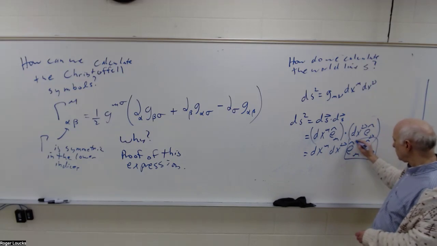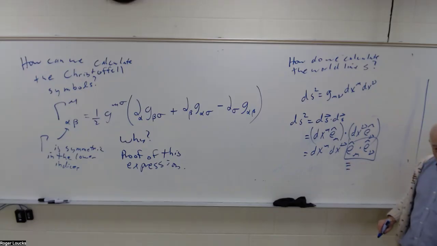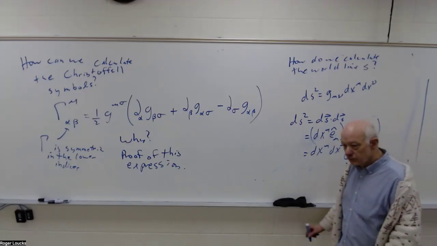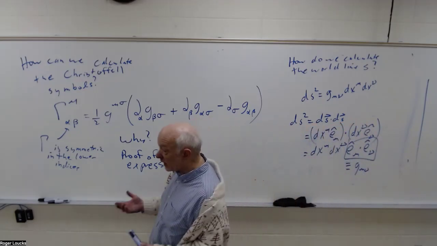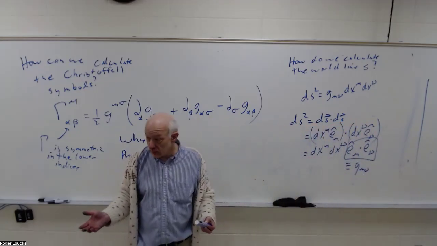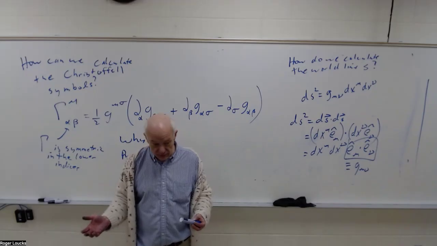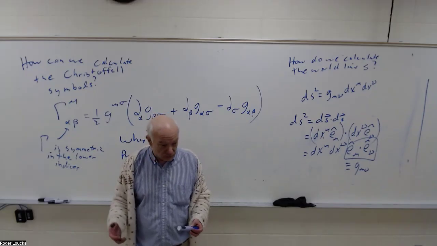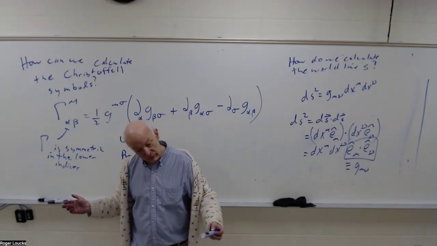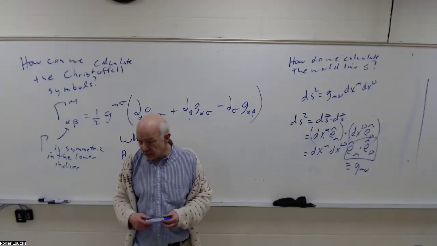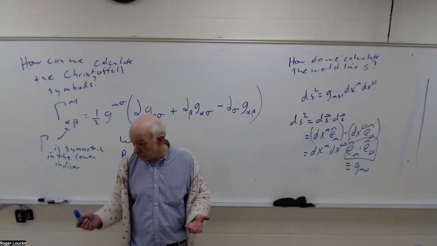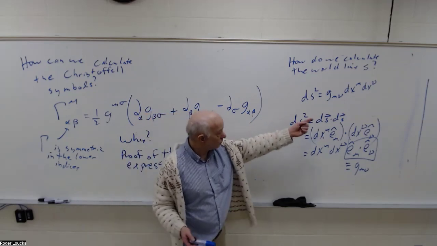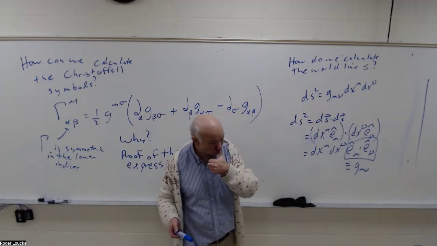And this term right here is by definition the fancy name for g mu nu. Whereas eta is the flat space-time metric tensor. It's not necessarily flat space-time, it's just the metric tensor. So this right here is just your metric tensor. That makes sense.